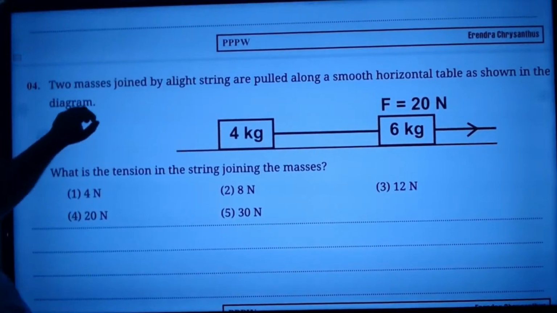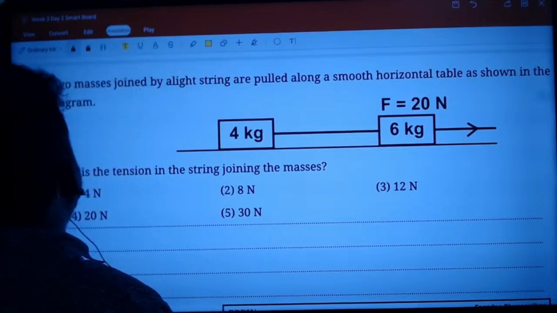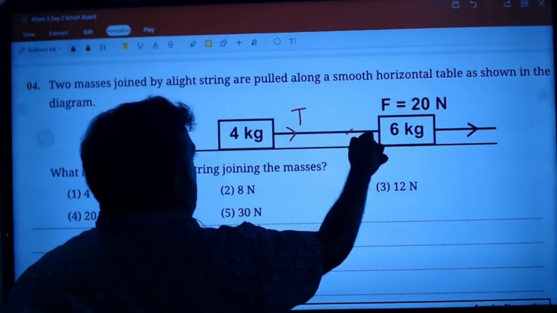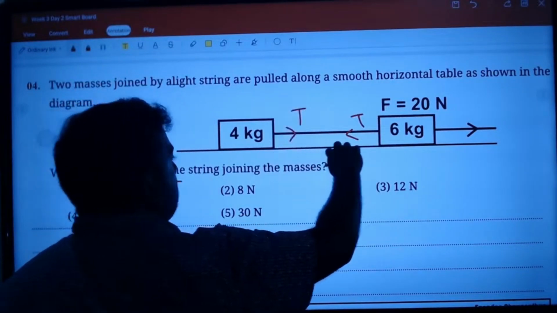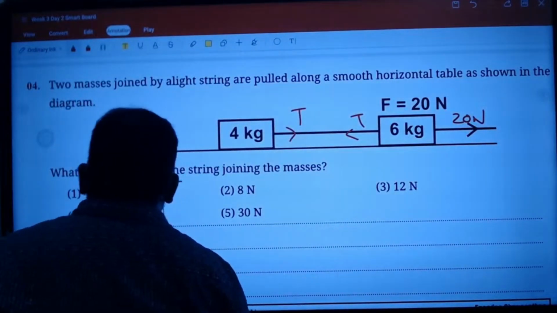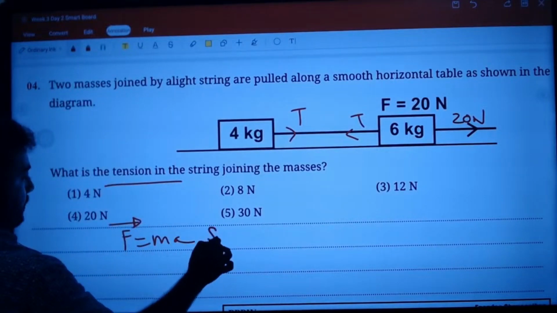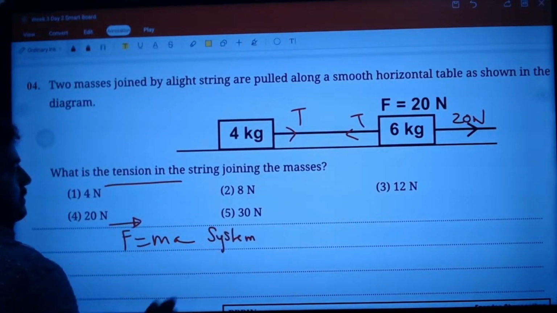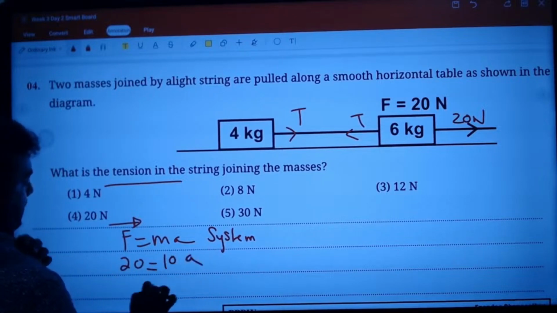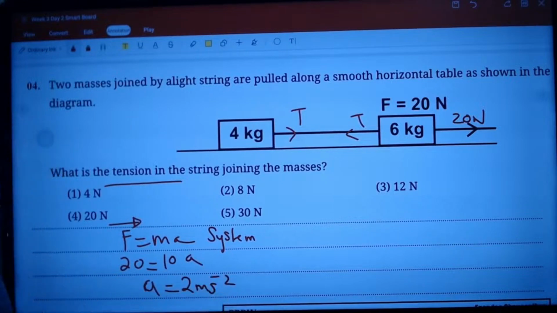Here you go. Two masses are joined together, connected by a smooth string. What's the tension? What we can do is apply F equal ma for the full system. Applied force 20 is equal to total mass 10 times acceleration, so acceleration is 2 m/s squared.